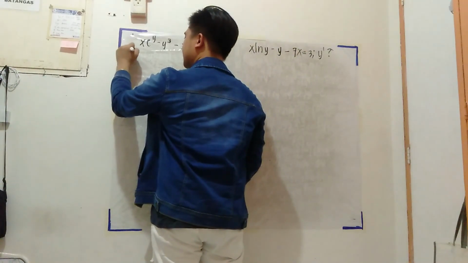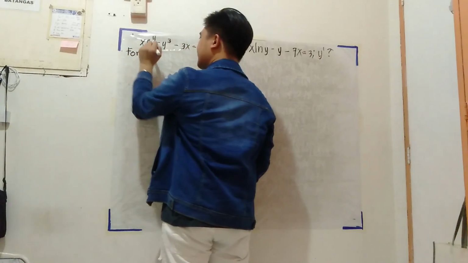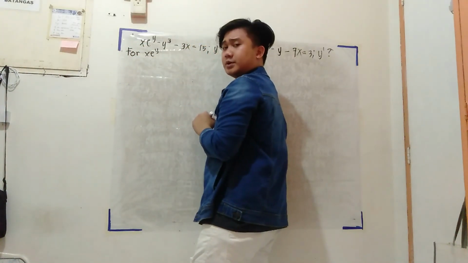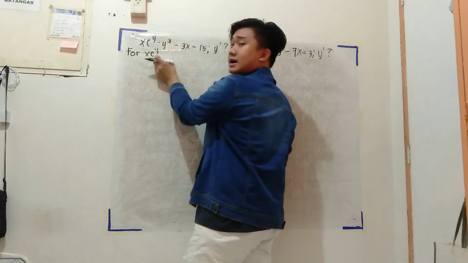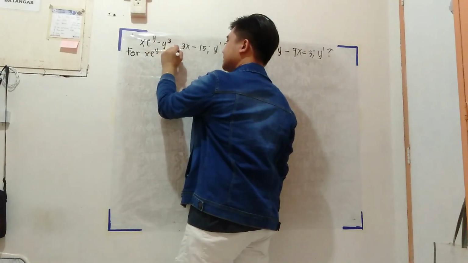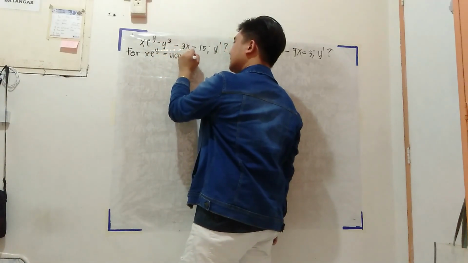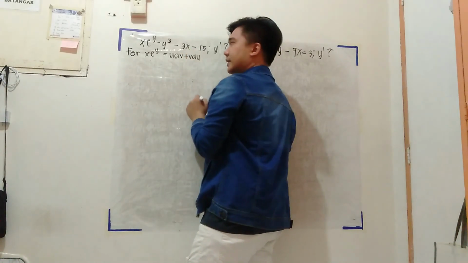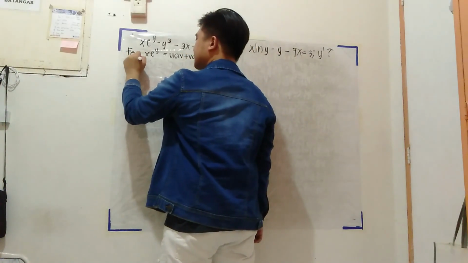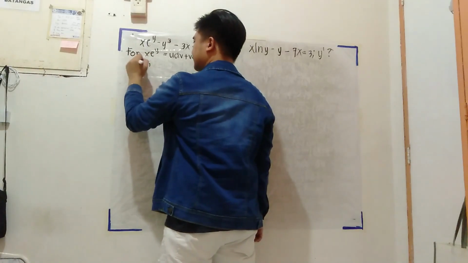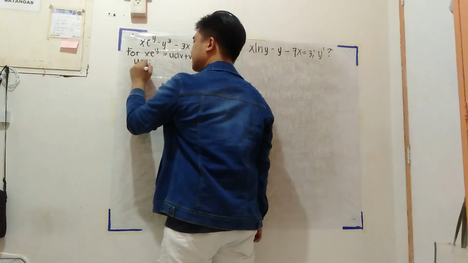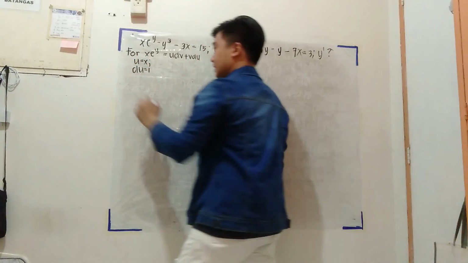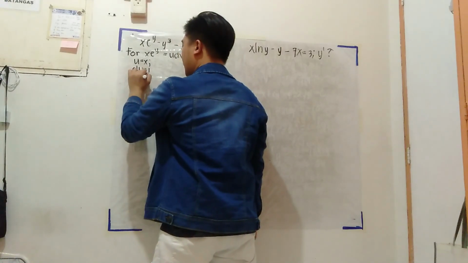So, for x e raised to y, observe that you have a u and a v. Again, this is u dv plus v du. So, u is equal to x, du is equal to 1. V is e raised to y.